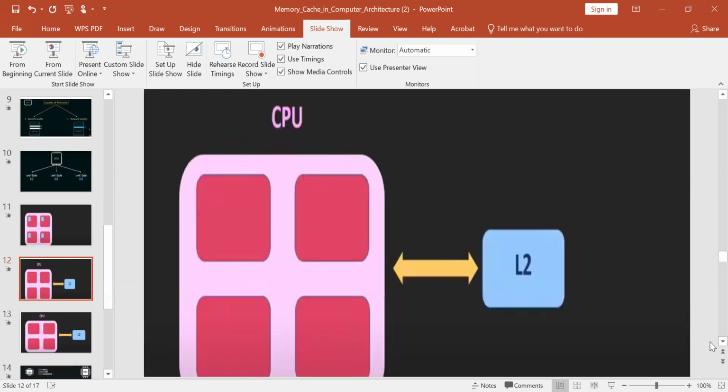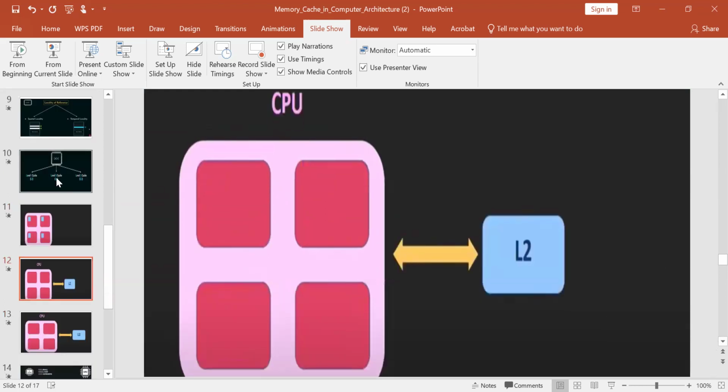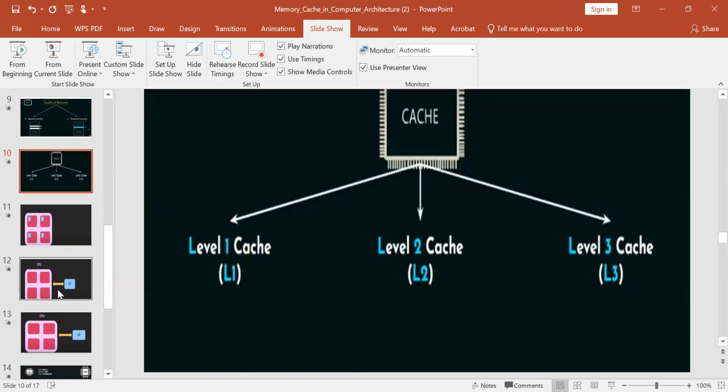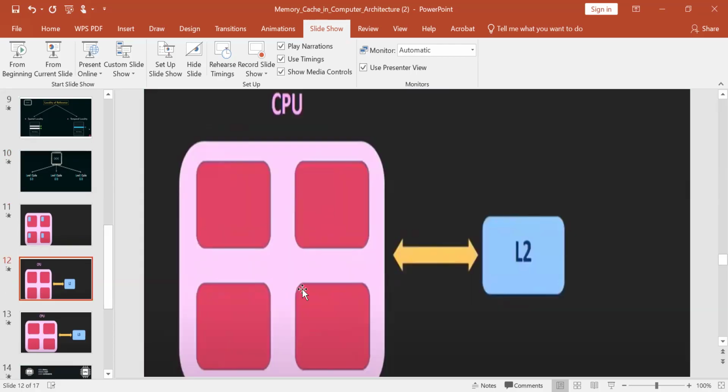Followed by the level two cache. For the level two, they can either be within the core of the CPU or they can be outside, depending on the particular system we are using. They can be separated from it or they can be within.